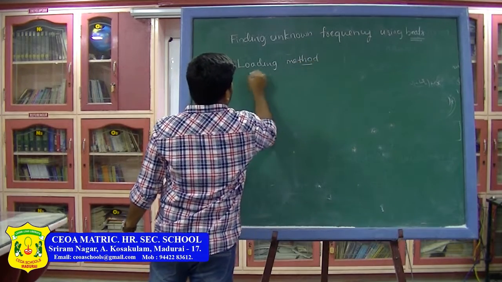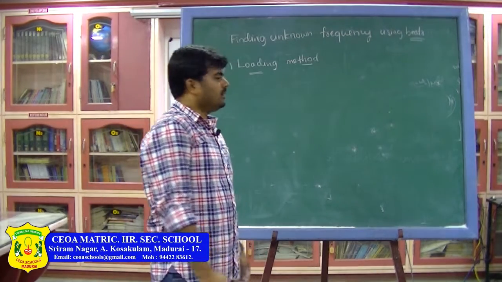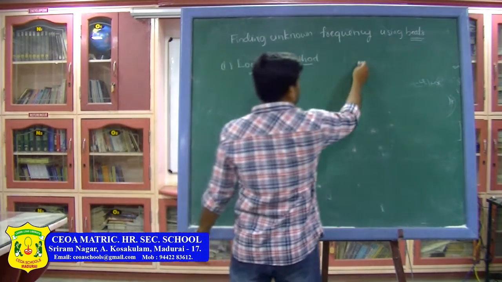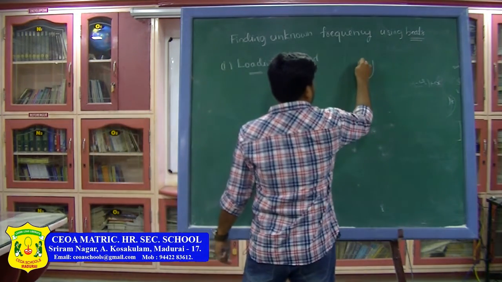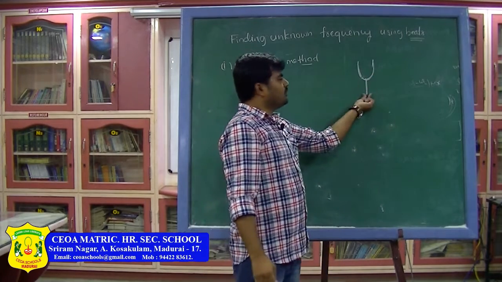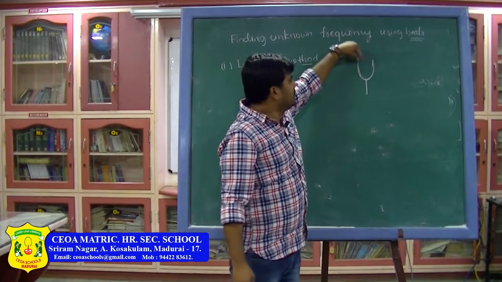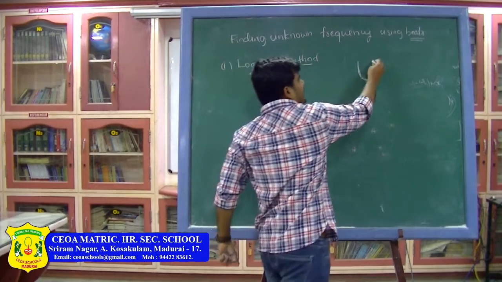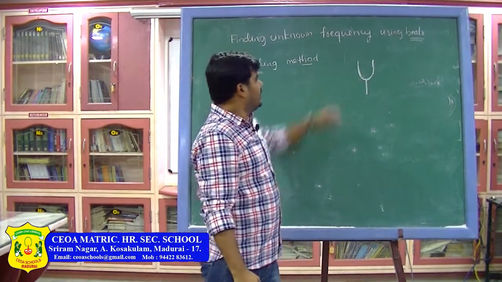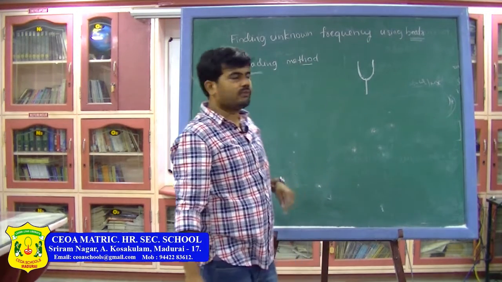In this method, one tuning fork, the unknown tuning fork, will be loaded with some wax. So, this is a tuning fork, and this is the tuning fork handle, and these two are called the prongs of the tuning fork. When the prongs are loaded with some wax, the inertia of the prongs will increase, so the frequency of the tuning fork will decrease in general.